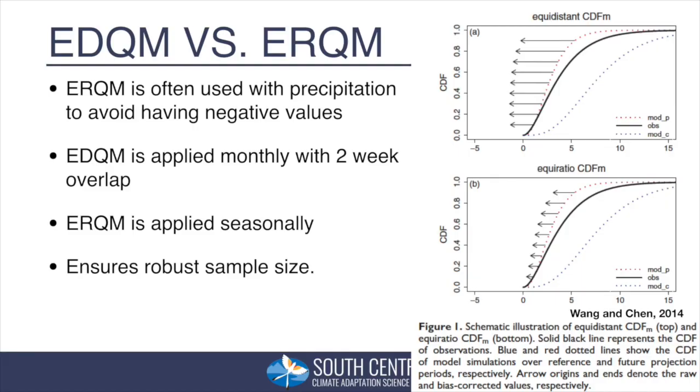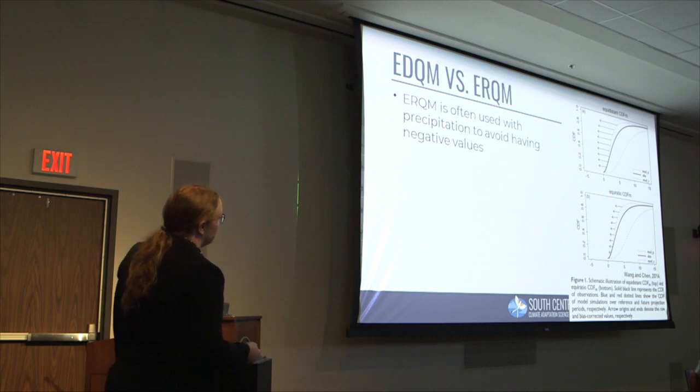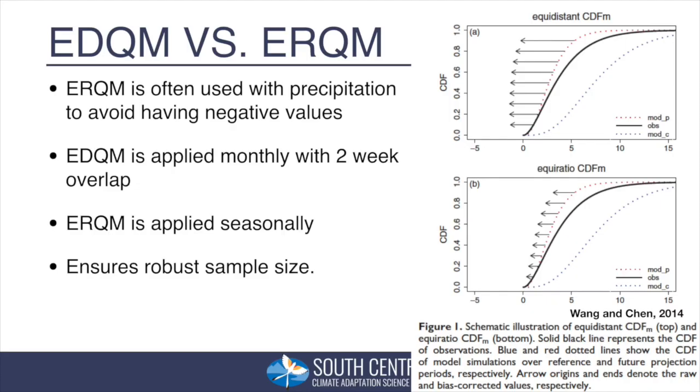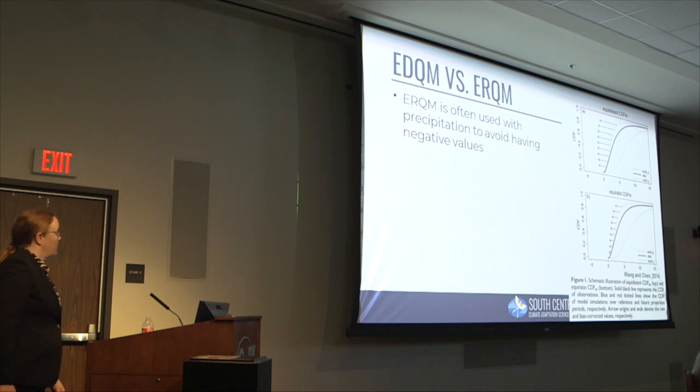If we're doing this with precipitation, obviously the EDQM method in this example gives us negative values, which is physically impossible. On the other hand, an equal ratio approach eliminates that problem and does apply that change so that we can actually stay with positive precipitation.